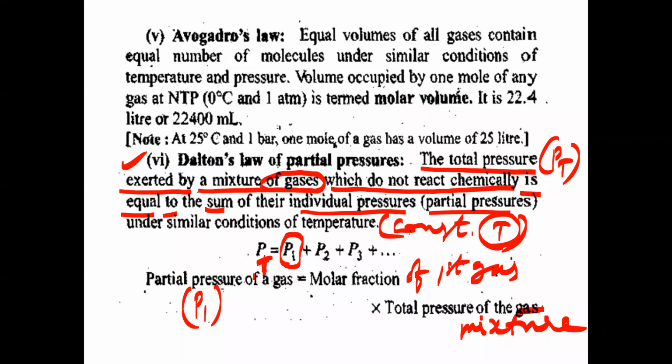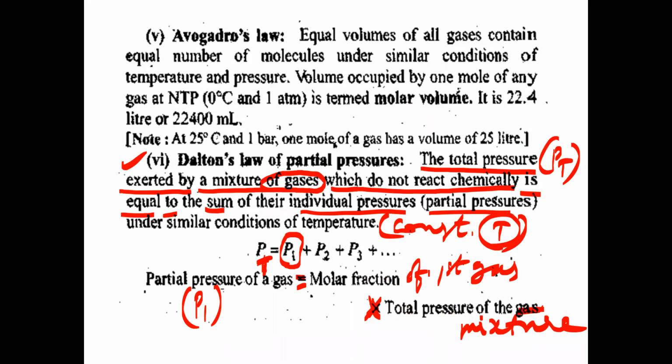So the partial pressure of any gas is equal to the product, that is multiplication, of the mole fraction of that gas and the total pressure of the gaseous mixture.